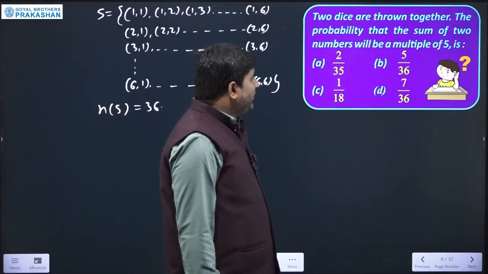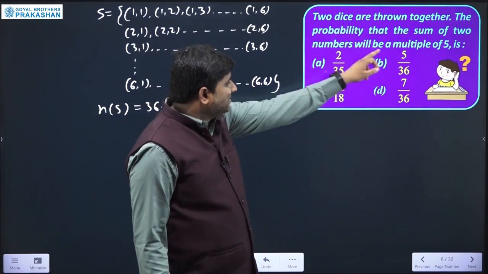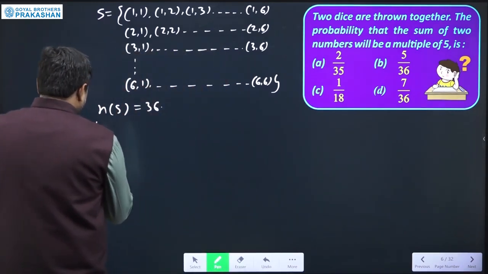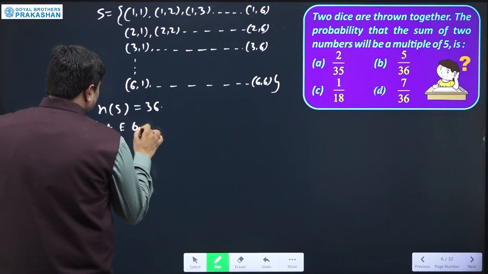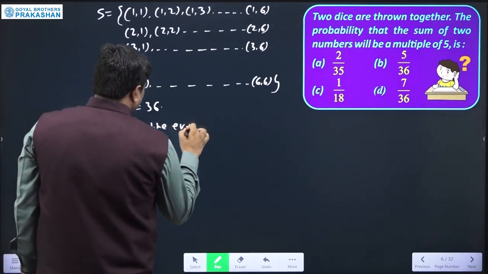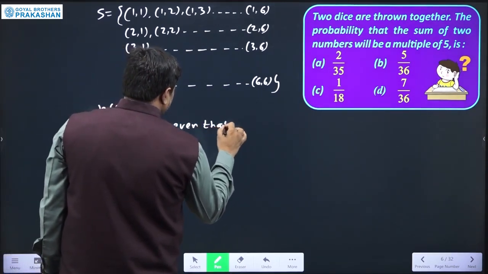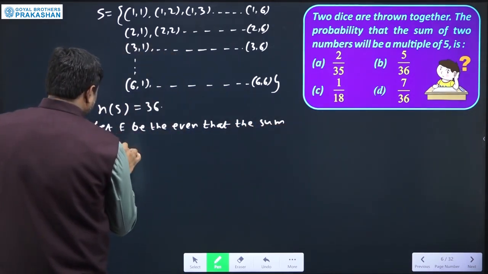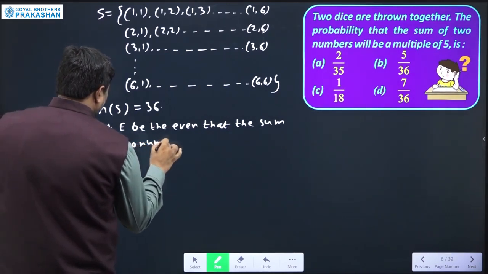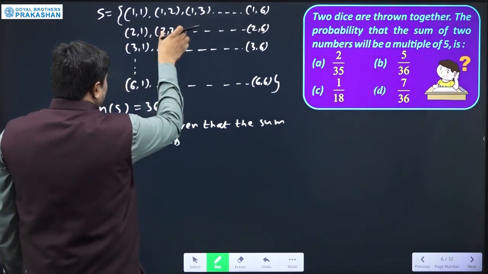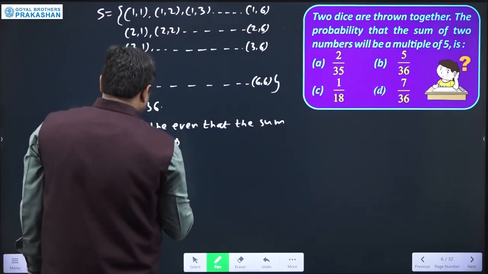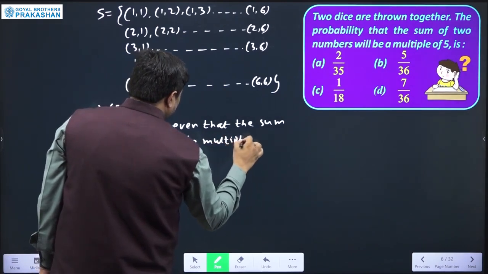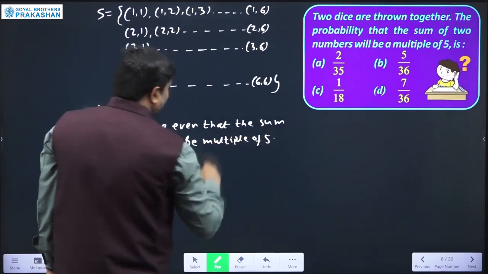Now what probability we have to find? Find the probability that the sum of two numbers will be a multiple of 5. So let E be the event that the sum of two numbers, which two numbers? Which are showing on the faces of two dice. Sum of two numbers be multiple of 5.